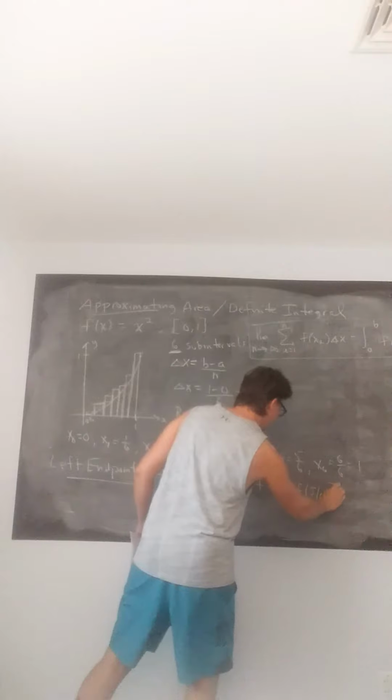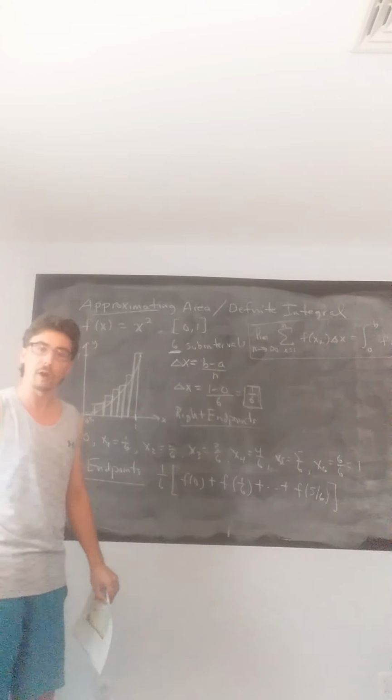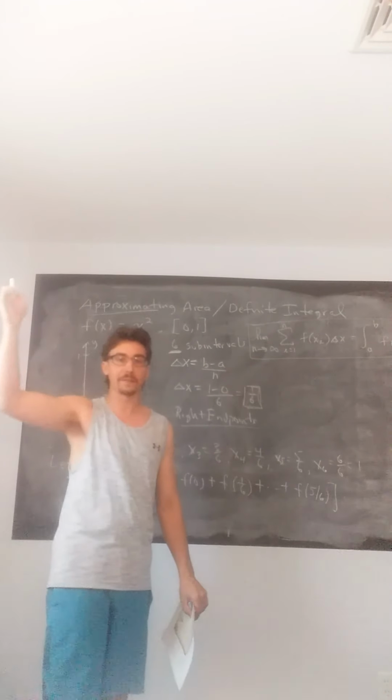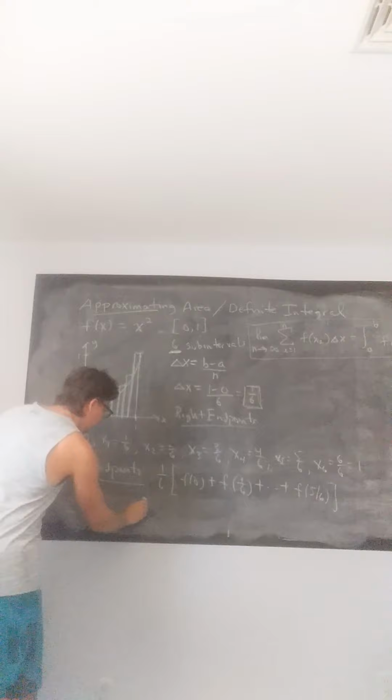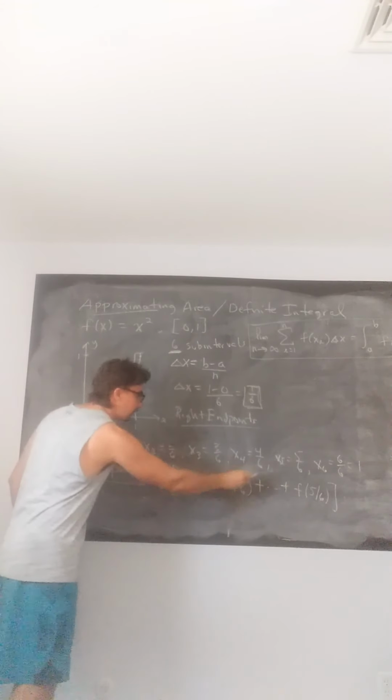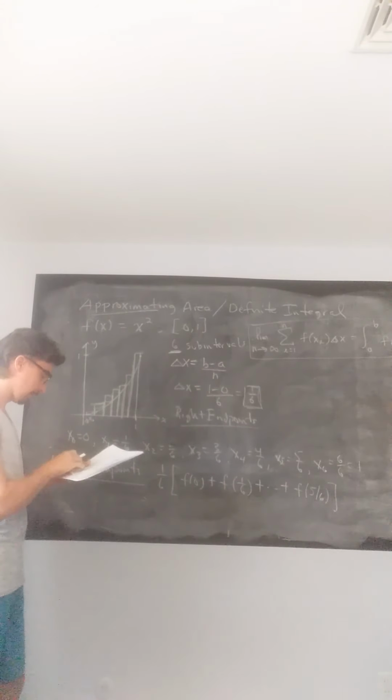And then the last one is going to be f of 5/6. Remember, we don't want to use 1 or 6/6 because that would be the last point, which would be on the right. We want the left endpoints here. So once again, we would add all these function values up. We would get the following.